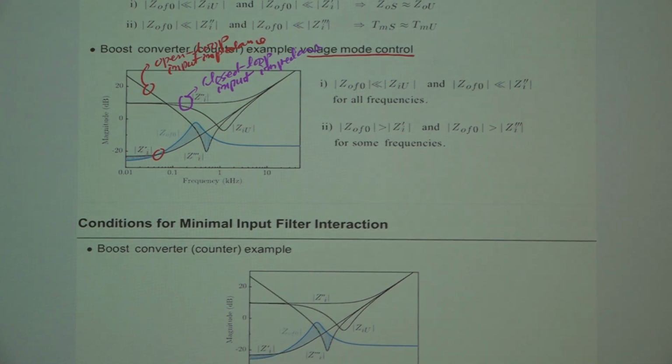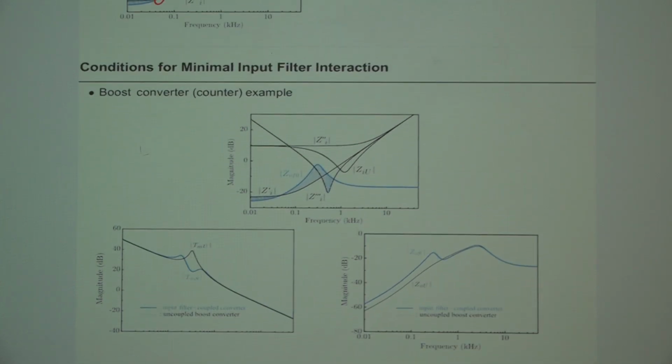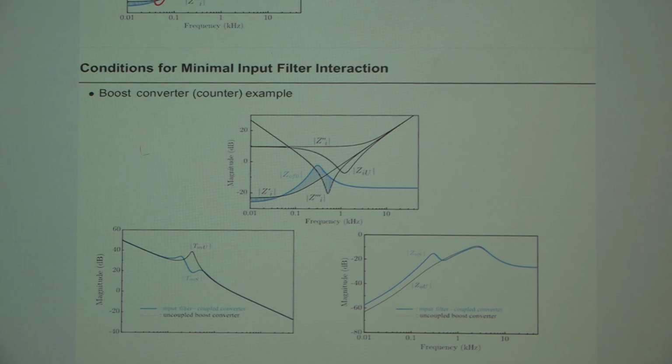All right. Then, conditions for the minimal source-filter interaction, but this example fails to meet the requirement. So this is a case of non-minimum source-filter interaction.